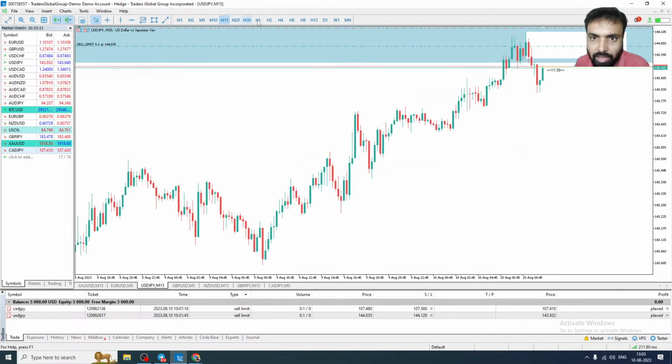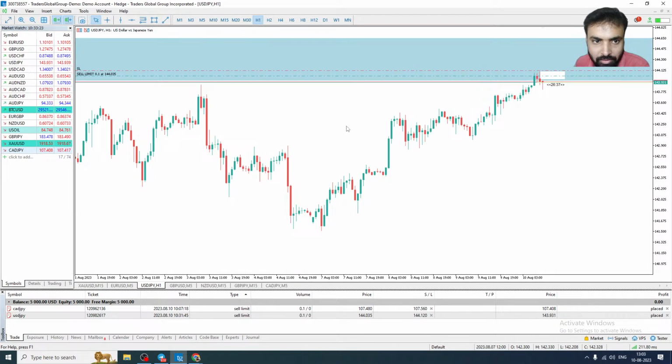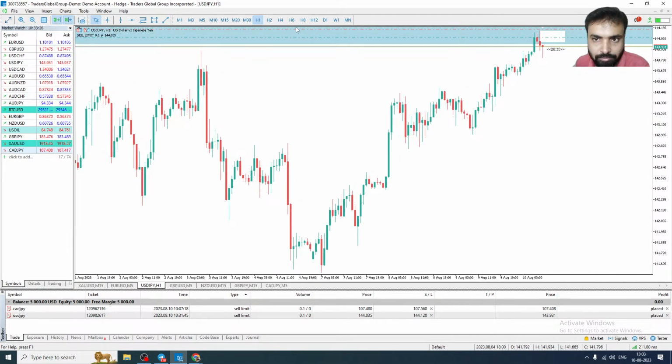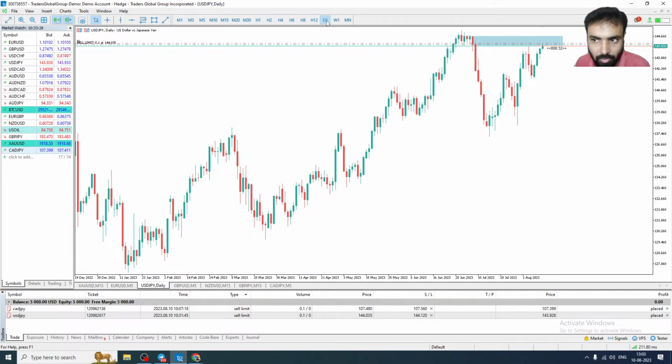Let's look, do we have anything above? I did not notice that. Forgot. I don't think we have any level. Okay. So technically this is your level. So let's see.